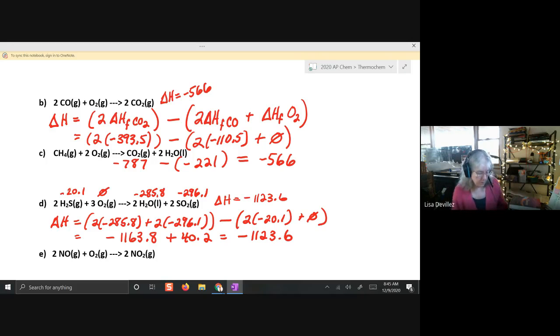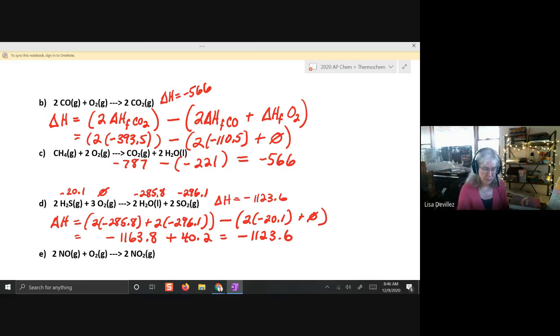So that's kind of straightforward. The only variation you might get is sometimes they'll give you the delta H for the reaction, and then they'll leave off one of the individual delta H's and ask you to solve for that, which we may see. I can't remember.